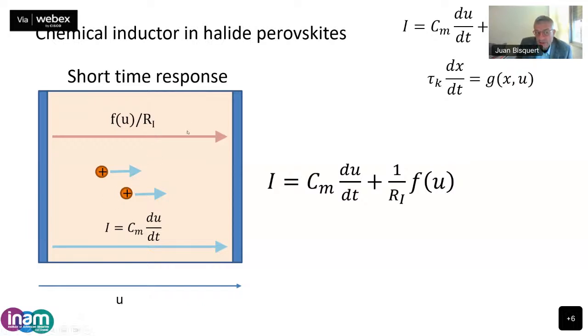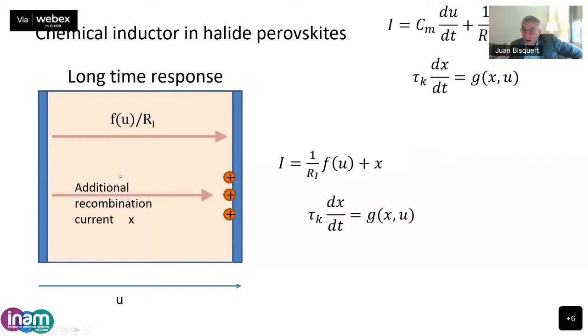So when we make the initial voltage, then we have electronic current and polarization capacitive current. And we have some ion motion, but the ions have not arrived to the interface. They don't contribute to the current.